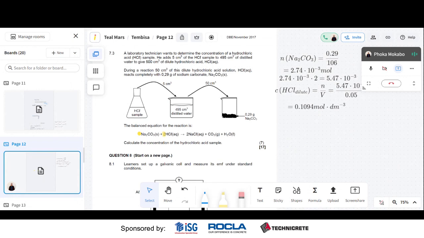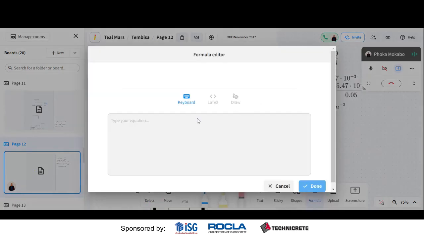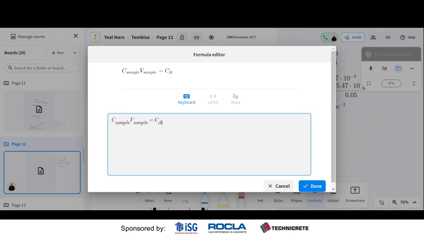You didn't add or take away any hydrochloric acid, you just changed the concentration and the volume, right? So because of that, I'm now going to say the concentration of the sample as well as the volume of the sample should be the exact same as the concentration of it being dilute as well as the volume of it being dilute.